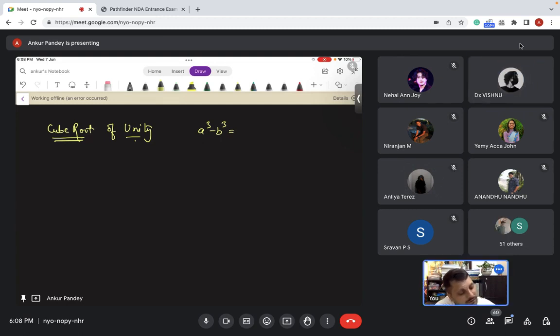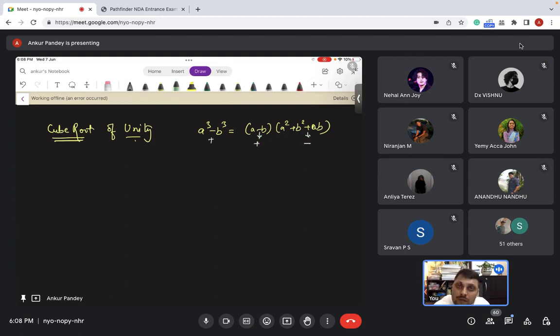It is a minus b into a square plus b square plus ab. Yes or no? Suppose instead of negative here, it would be positive, there will be a positive sign here and a negative sign here. Rest all will remain the same.